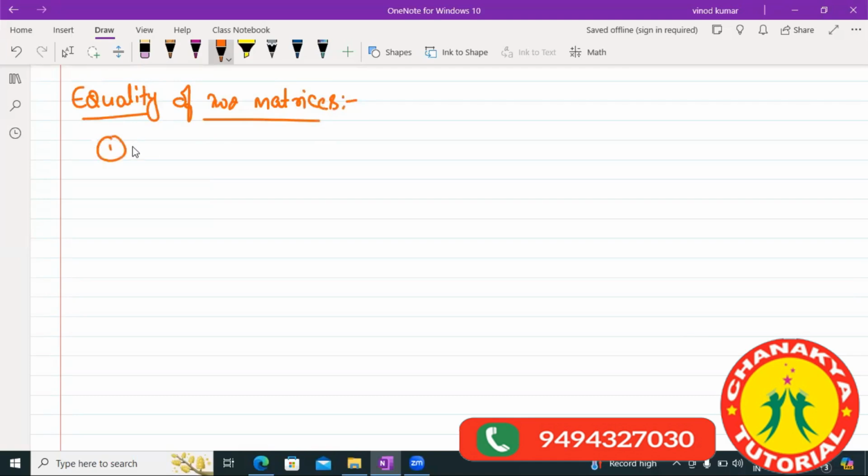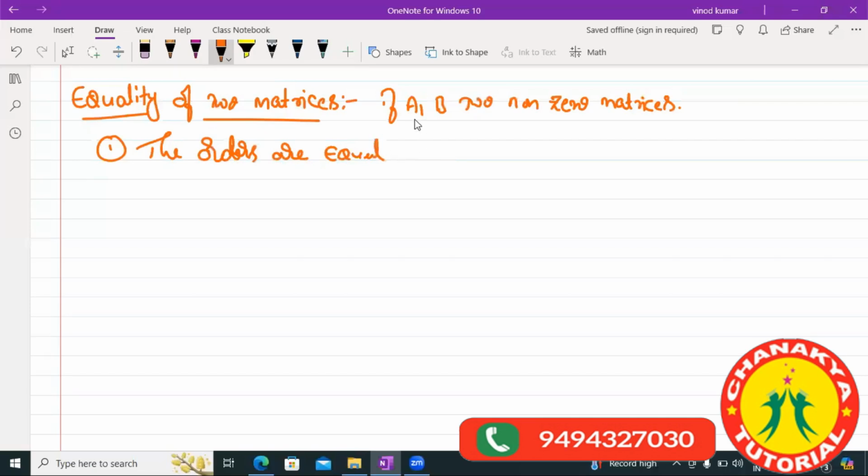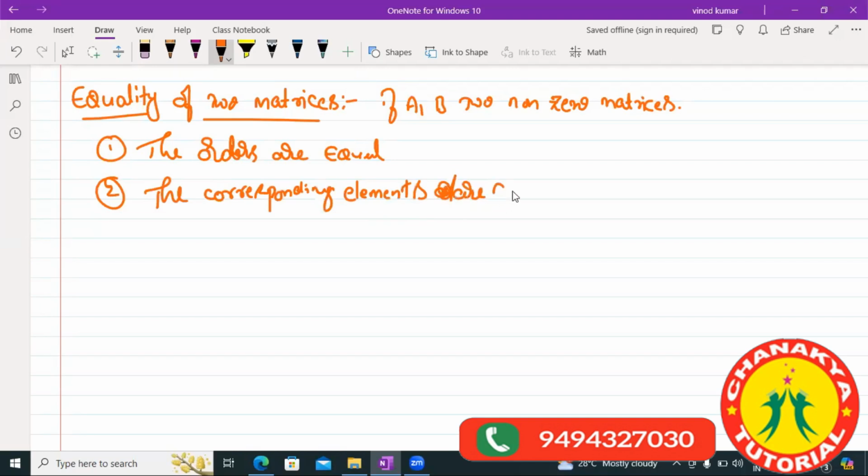First, if A and B are two non-zero matrices, for these two to be equal, the orders must be the same. Orders means the number of rows and columns in A and in B are both equal. The next point, the corresponding elements must be equal. Then A equals B.